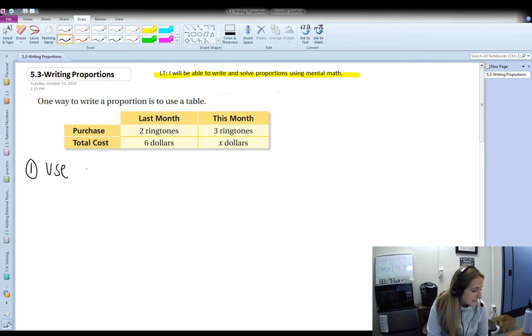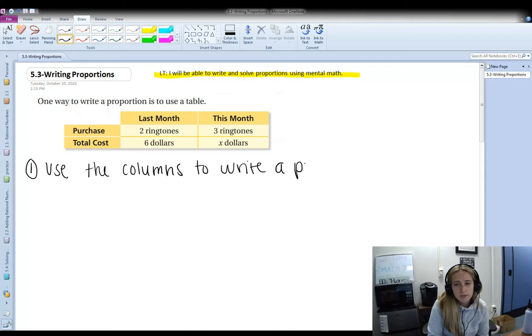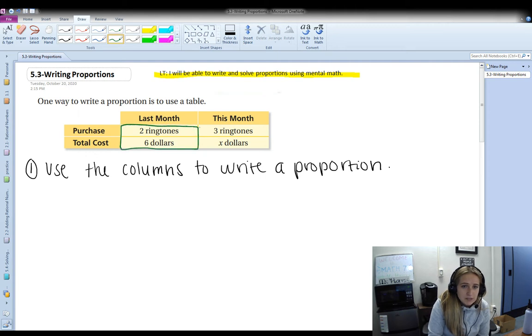So the first way is to use the columns to write a proportion. So remember, columns is from top to bottom. So it would be like this, and it would be like this. These would be our two proportions.